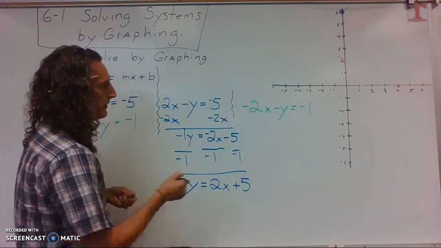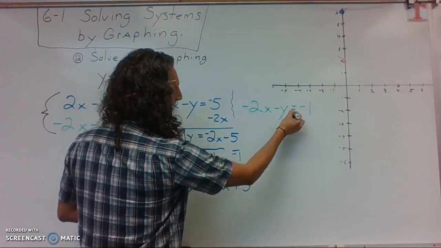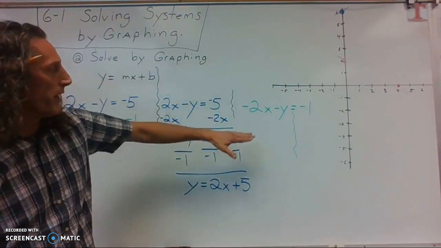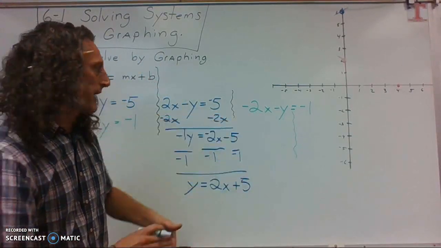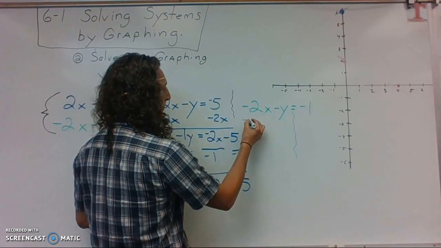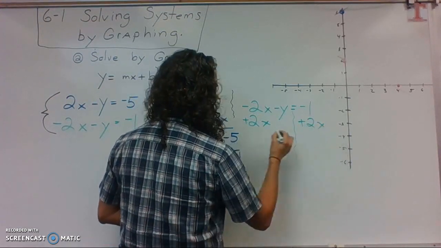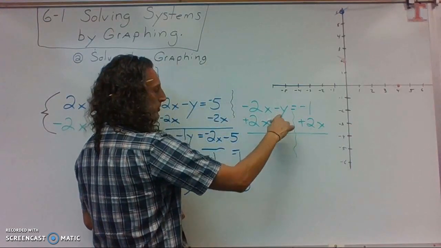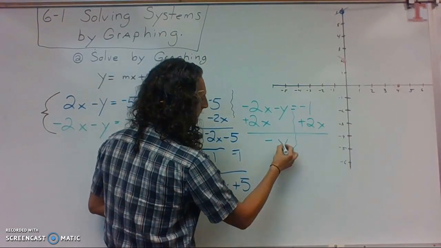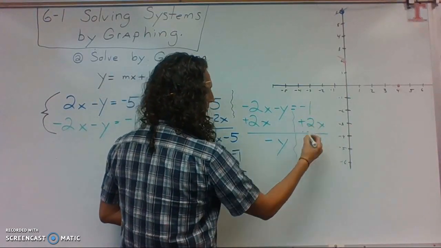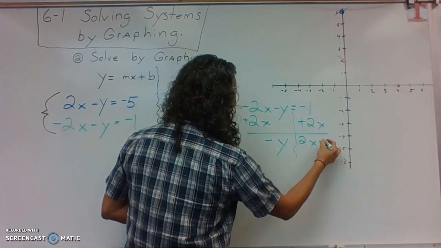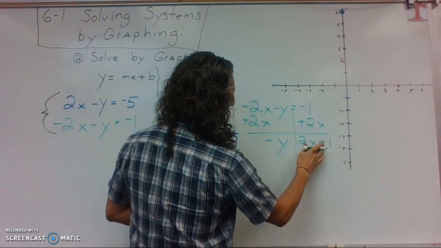Here's the second one. On this one, again, I don't want the 2x over here. So I have to do the opposite. The opposite of this one happens to be a positive 2x. Positive 2x. Again, make sure you drop down that negative y. These are not like terms, so I go 2x plus 1. Oh, I'm sorry, it's a -1.